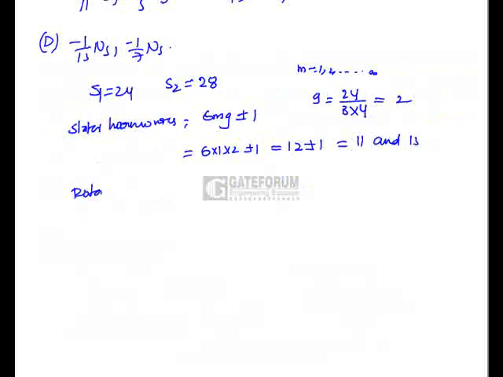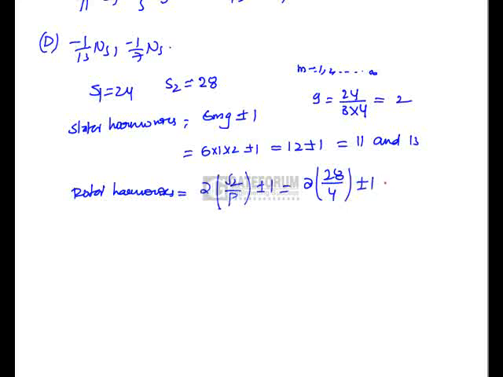Similarly, rotor harmonics is equal to 2 times S2 by P plus or minus 1. So this is 2 times 28 by the number of poles, 4, plus or minus 1. I am getting rotor harmonics as 9 and 11.